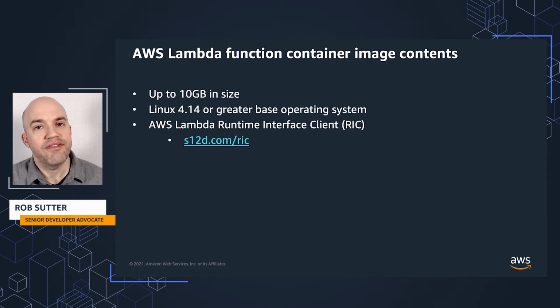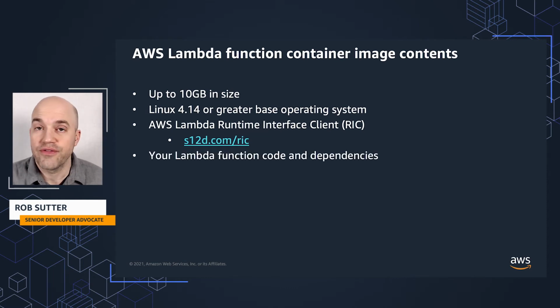You must have the AWS Lambda Runtime Interface Client, or RIC, installed in your image. For more information on the RIC, see s12d.com/RIC. Of course, you must have your function code and the required dependencies, whether those are per language dependencies or utilities or other data that you expect to be on the file system when your Lambda function is invoked.